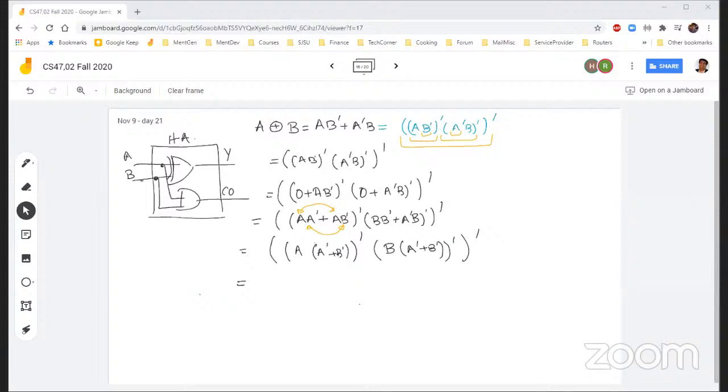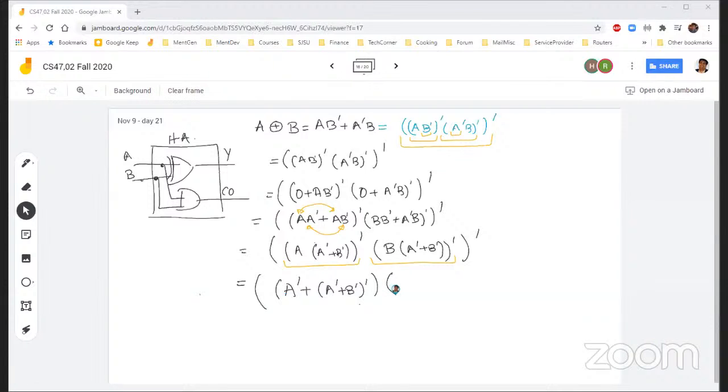And now from here, we will apply De Morgan for these terms and for these terms. So by applying De Morgan, it is A bar or A bar or B bar whole bar, right, by De Morgan.